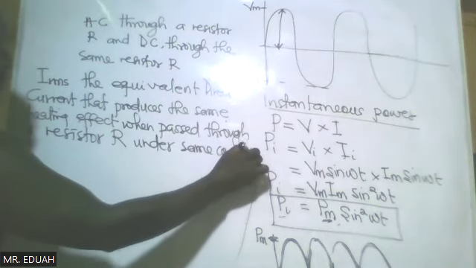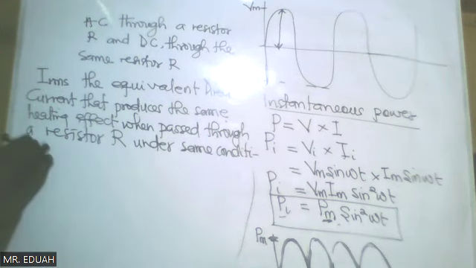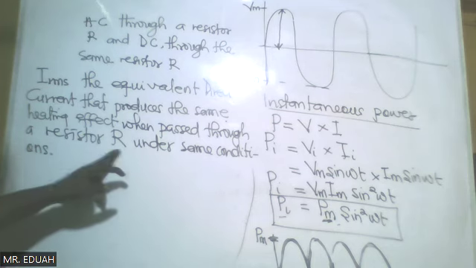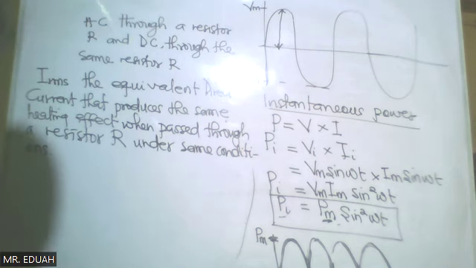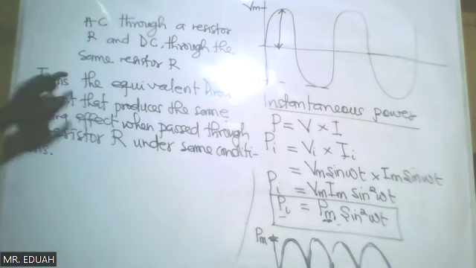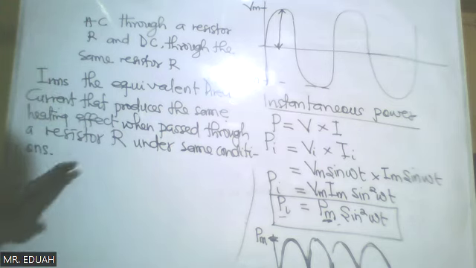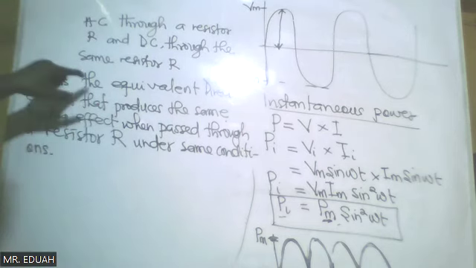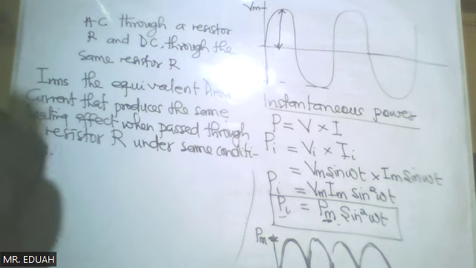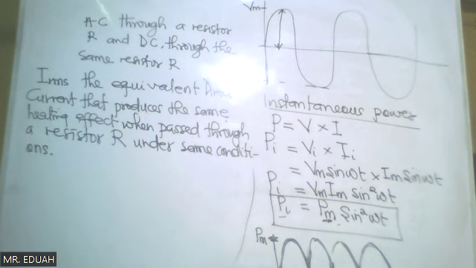So we give the alternating current and then the direct current the same conditions, and then pass both of them through a resistor. And when current passes through a resistor, in fact, they will produce heat. So the heating effect produced when DC and AC are passed through a resistor R under the same condition, this equivalent DC is what we refer to as root mean square current, IRMS.